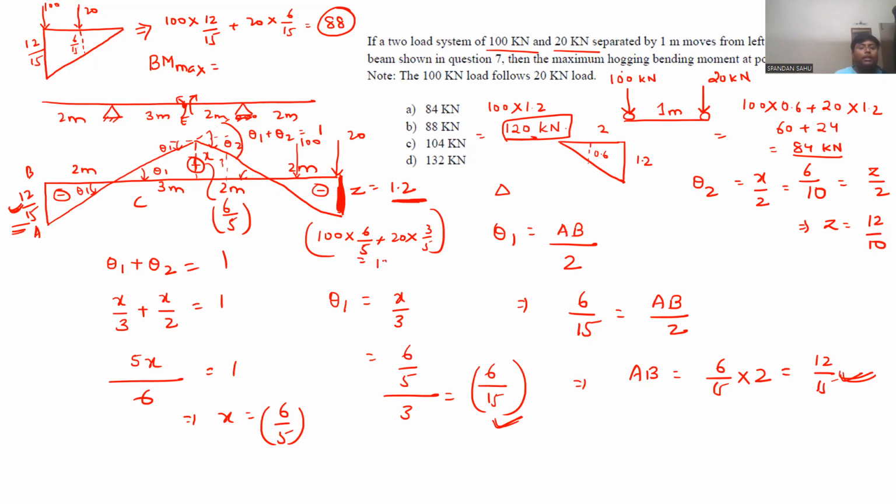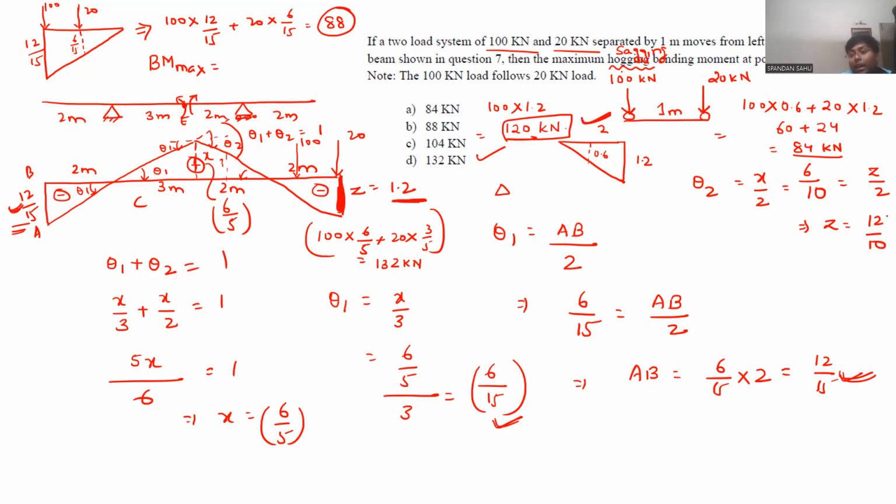It is 132 kilonewton meter. Maybe they are writing maximum hogging, but it should be sagging. If sagging, then 132 is correct. If hogging, then 120 will be the answer.